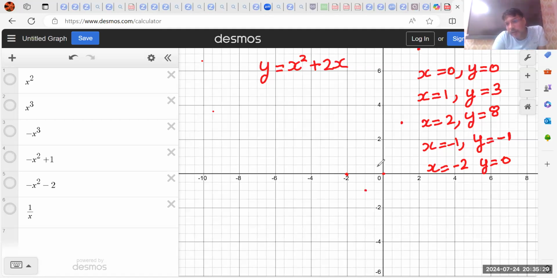I can perhaps take x equal to minus 3 also. So I will get 9 minus 6, which is y equal to 3. So my graph will be somewhat like this.